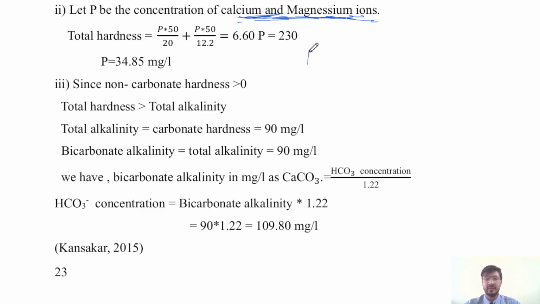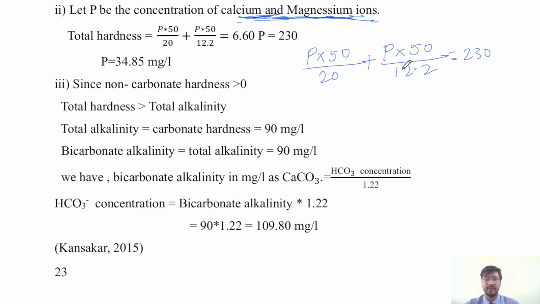plus magnesium. That means concentration of ion, that is P, times equivalent weight of CaCO3, that is 50, divided by the equivalent weight of ion, that means equivalent weight of calcium, that is 20, plus the hardness due to magnesium ion, that means concentration of magnesium is P and equivalent weight of CaCO3 is 50, divided by equivalent weight of magnesium ion, equal to 12.2, and it gives the total hardness, equal to 230, given in the question.